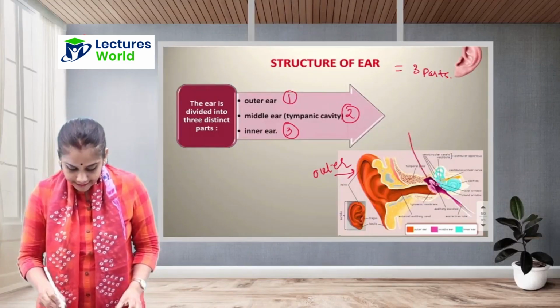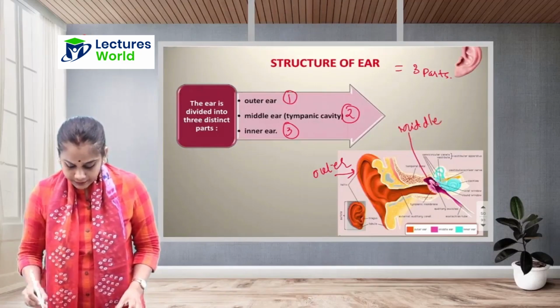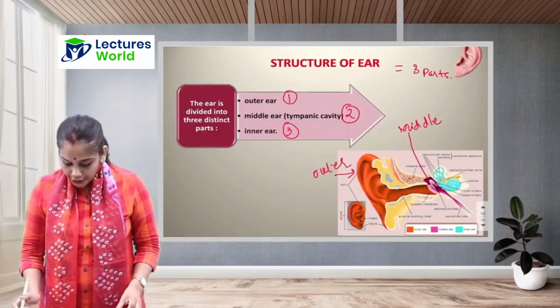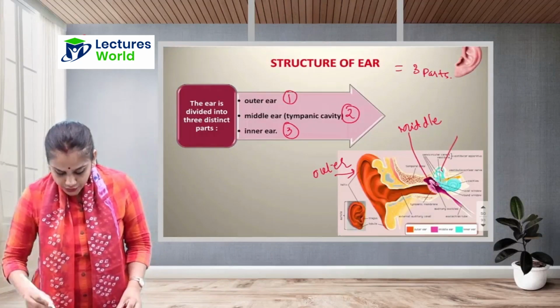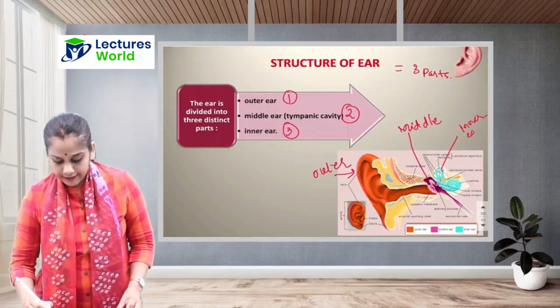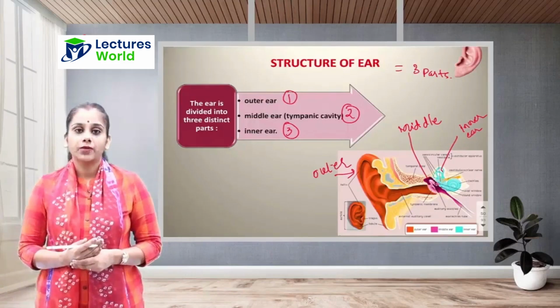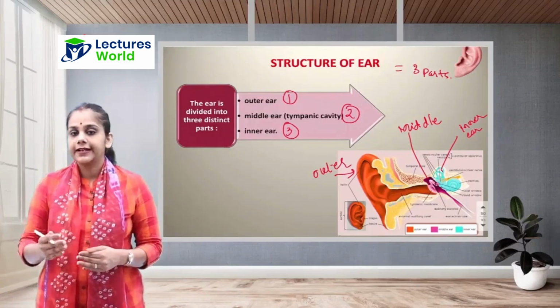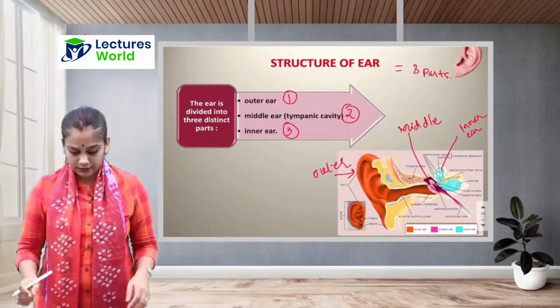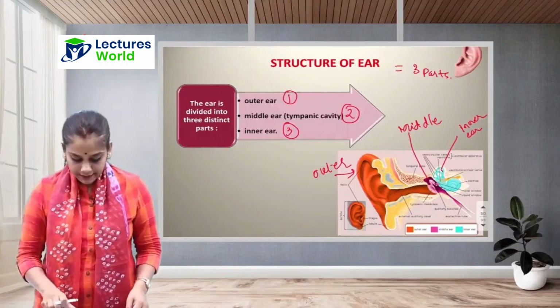And the third and last part, the inner ear, is shown in blue color. So the ear is divided into three parts: external, middle and inner. So let us see in detail.